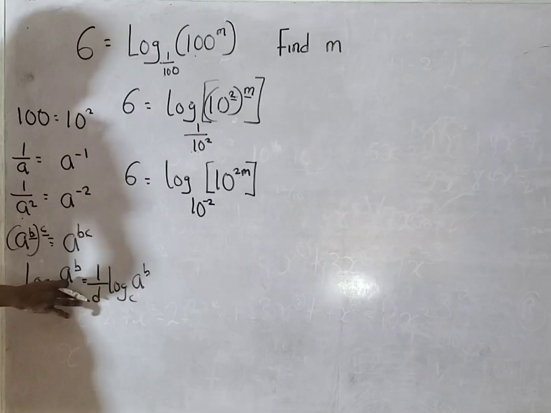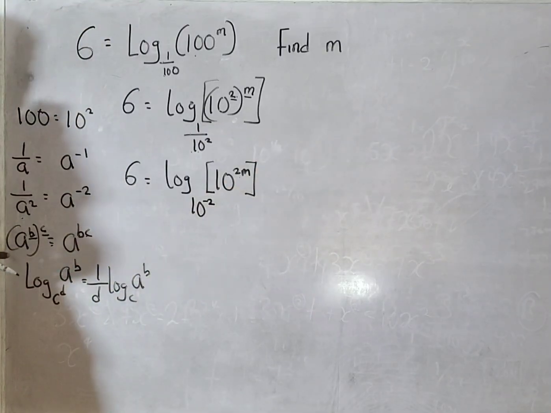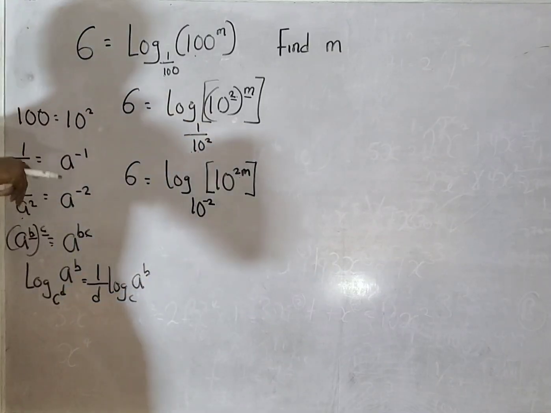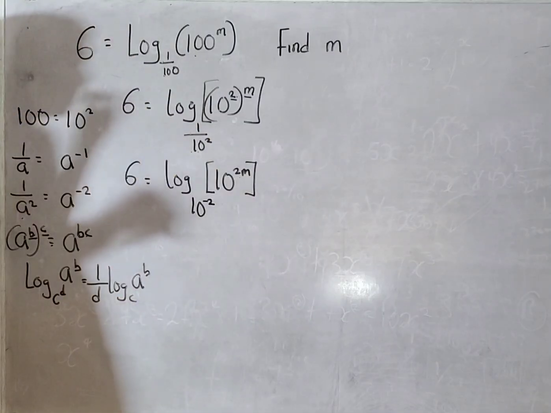The result will be the reciprocal of the power to which the base is raised, multiplied by the logarithm. Now, I made a mistake. I said the reciprocal of the base. It's not the base itself. Are you getting it? The reciprocal of the power to which the base is raised, multiplied by the logarithm. That will be the result.